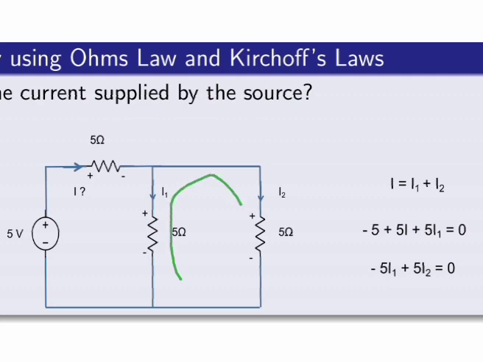Again, when I reach here, I see the positive sign, that's why I write plus here, and the value of the voltage here is 5 into I2. So I write here 5 into I2 equal to 0.